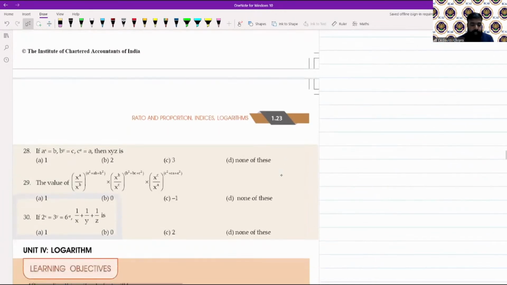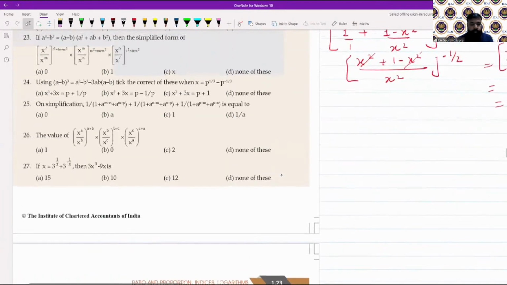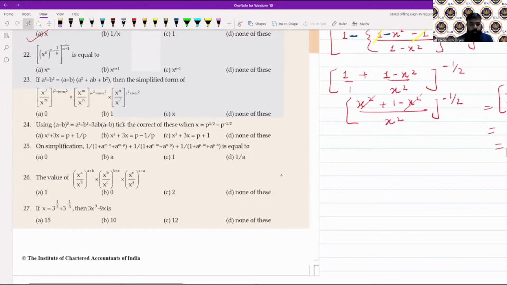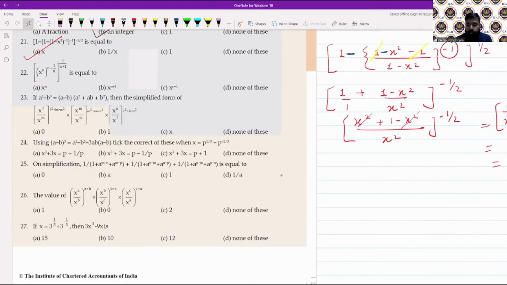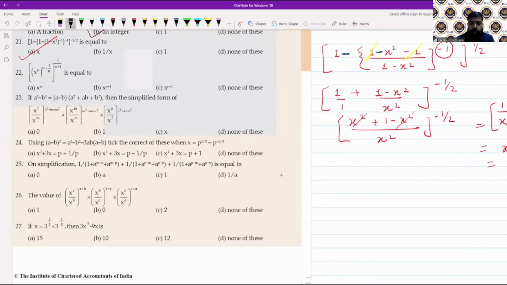Then 22nd we can try. Question number 22. x to the power of n, then whole to the power of n minus 1 upon n, and then again whole to the power of 1 upon n plus 1.